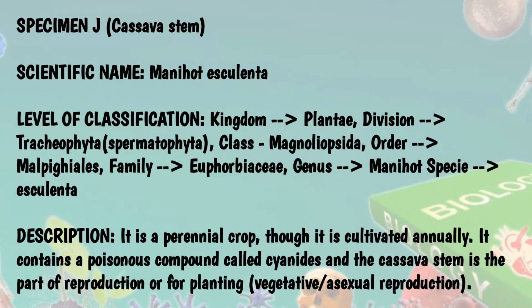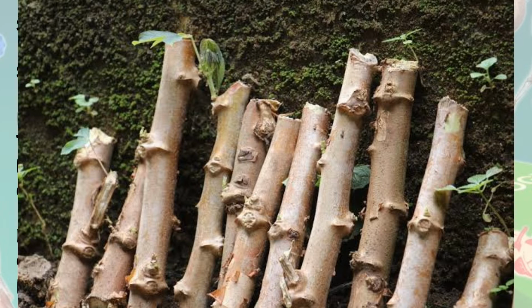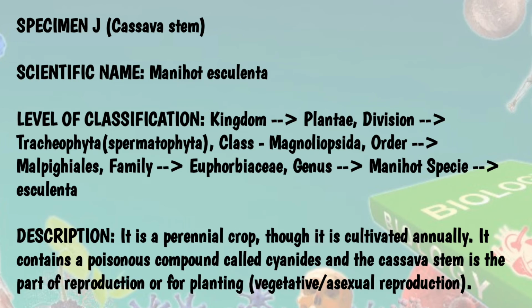So let's move to specimen J, which is the cassava stem. The scientific name for the plant is Manihot esculenta, and there are various levels of classification ranging from the kingdom to the species. So by description, the stem is a slender and long part of the cassava plant, which is usually used for propagation. Then the plant is a perennial crop which is cultivated annually, in the sense that this plant can live for 3 or more years.